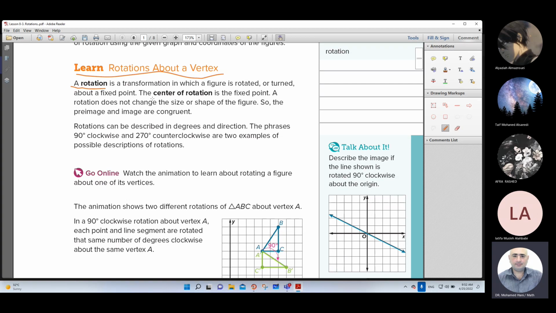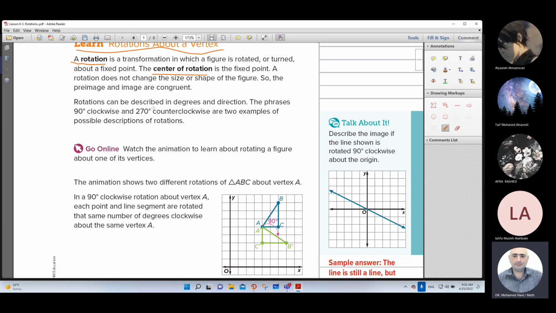The center of rotation is the fixed point. A rotation does not change the size or shape of the figure, so the pre-image and image are congruent.